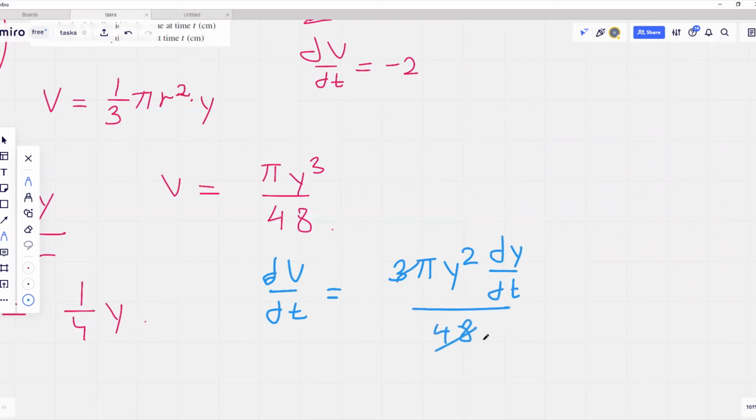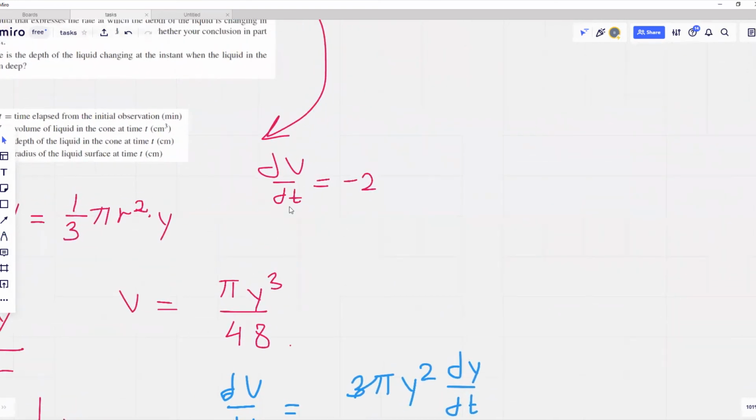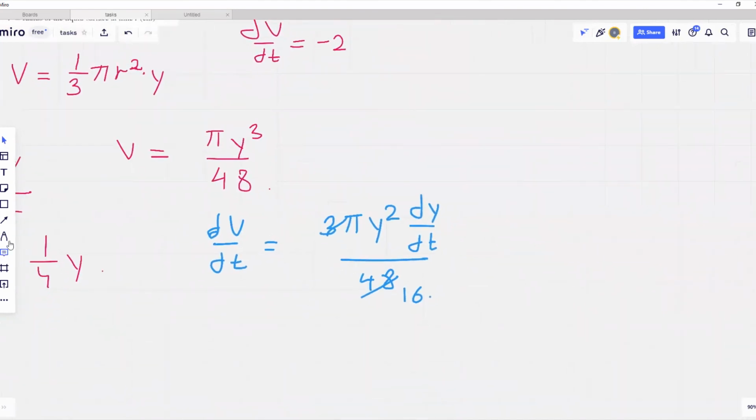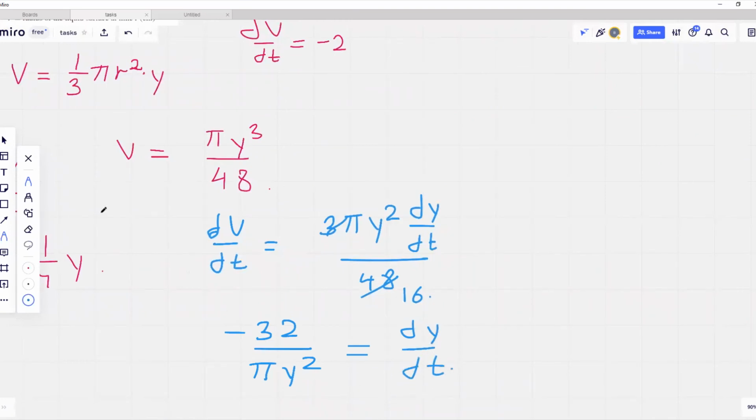Now this is 16. All right, we also know that the rate of change of volume is constant and is equal to -2. So this is then -32 over pi y squared is equal to dy over dt.